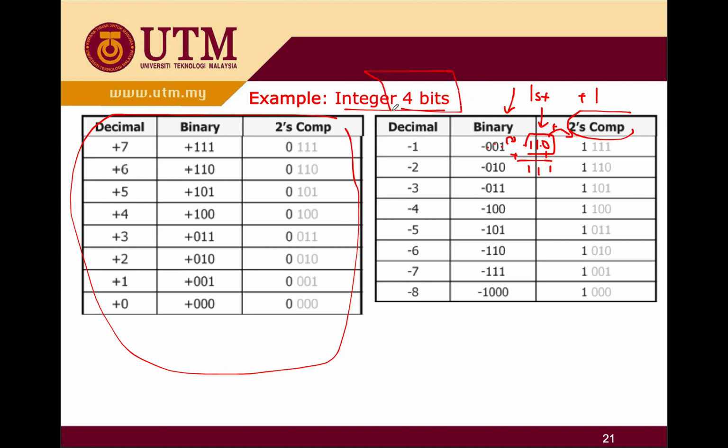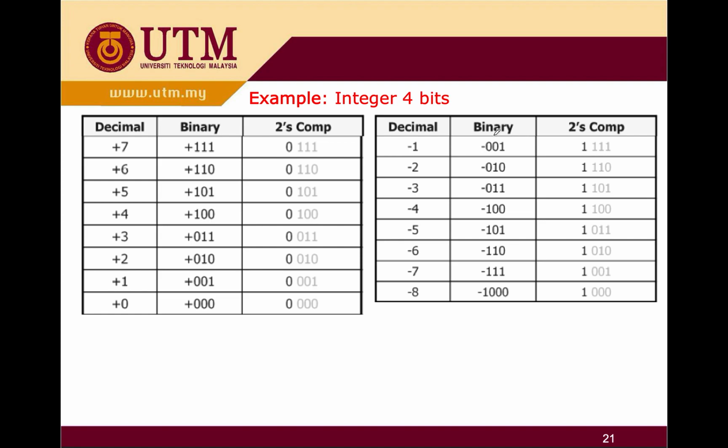I forgot about this. So for 4 bits, I suppose I should have a 0 in front. Let me do it again for this example. I forgot that there is a 4 bit. 0 1 0 0, because it's 4 bits. So this is how it's going to look, isn't it?